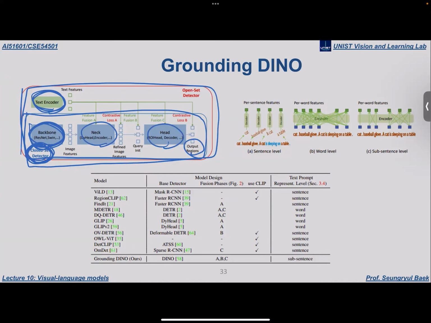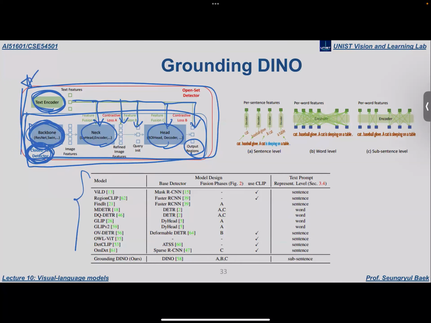Here we can estimate the region and also the classification information. But to extend the closed set detector to the open set detector, we can align text features in the middle of the responses of this closed set detector. That's the way to extend the closed set detector to the open set detector.